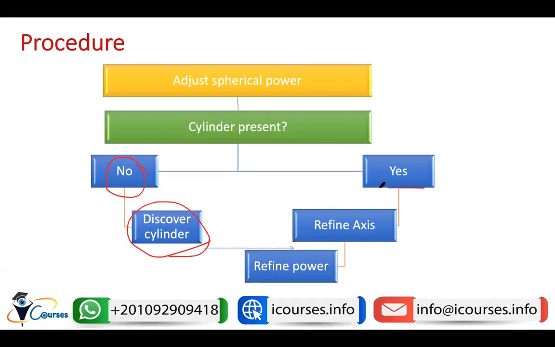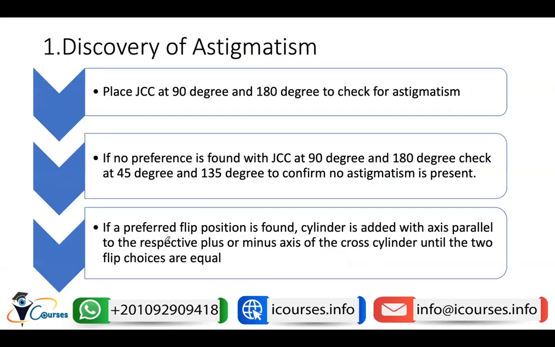But if after retinoscopy it showed that the patient has a cylindrical component, then we need to refine the axis first, then the power. We discussed how to refine the axis and how to refine the power. But how to detect if the patient has a cylinder or not? This can be done by the following procedure.